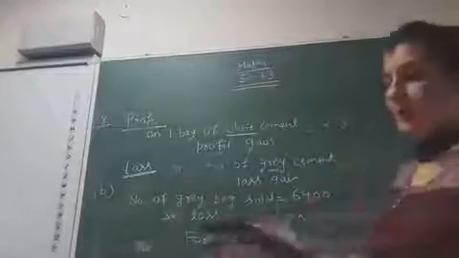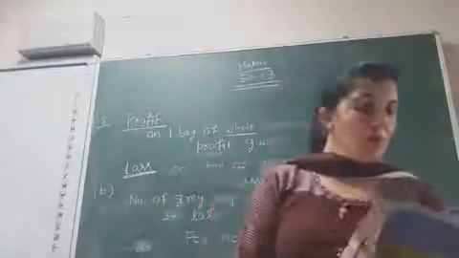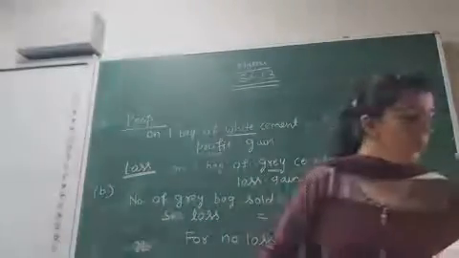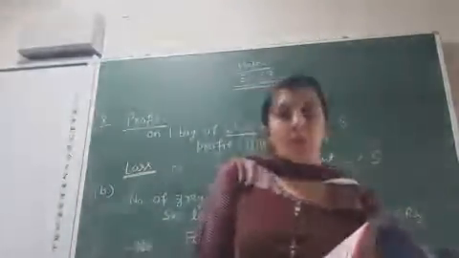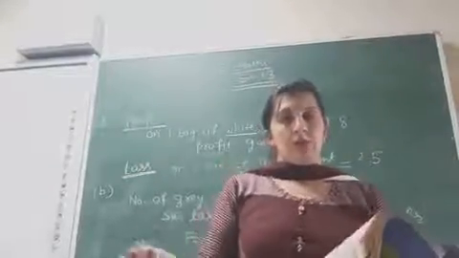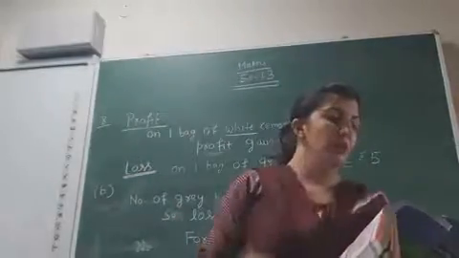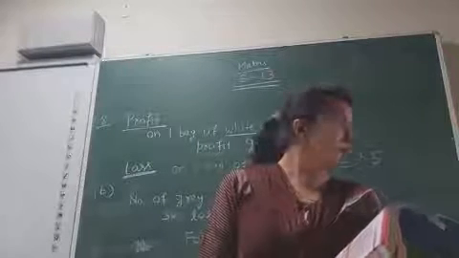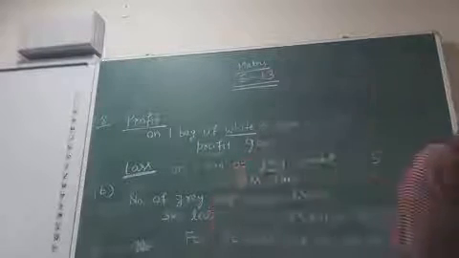So next B part. What is the number of white cement bags it must sell to have neither profit nor loss? They want no profit and no loss. So profit and loss must be equal. Then there is no loss and no profit. If the number of grey bags sold is 6400 bags.